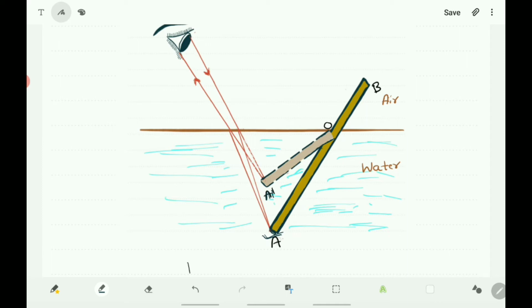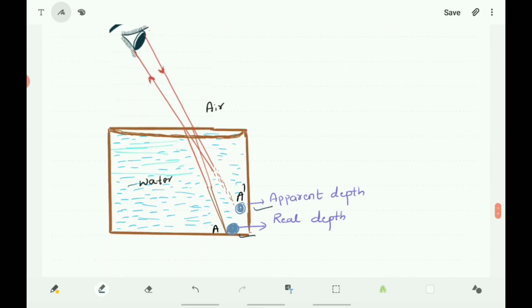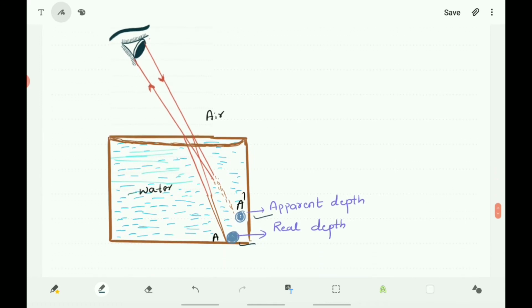So the pencil appears to be bent at the surface. So this is nothing but refraction of light. When light travels from one medium to another medium, the path of the light changes. The direction of propagation of the light changes. This phenomenon is nothing but refraction of light.